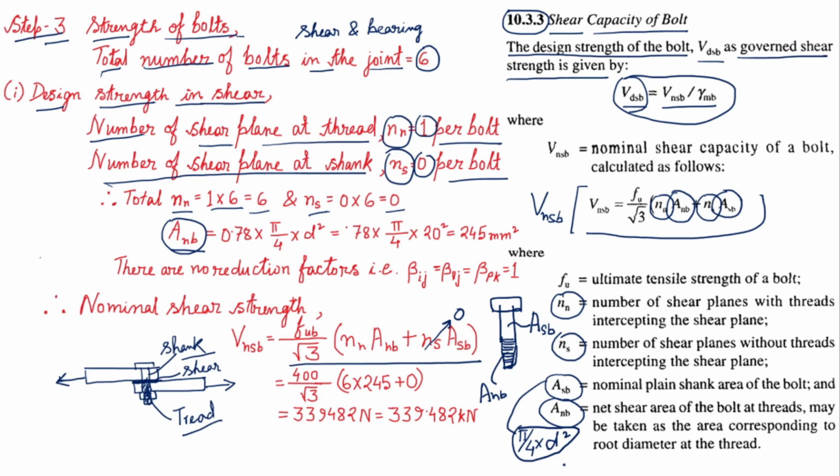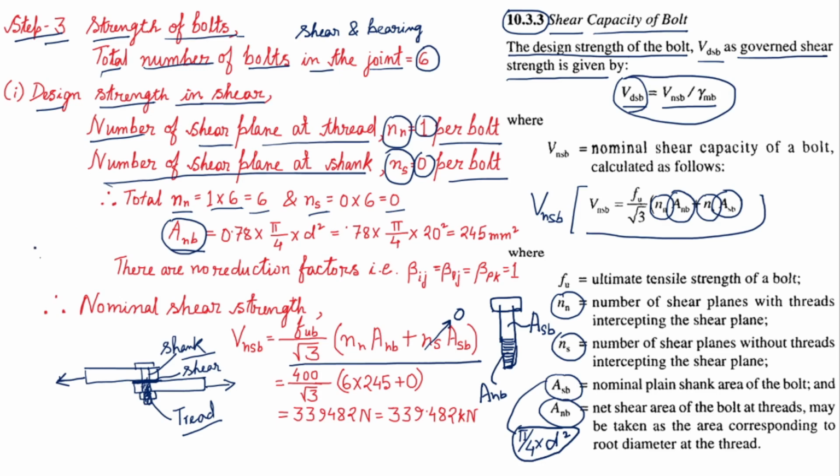Now what is ANB? If you notice one bolt, as the bottom area of the bolt is threaded, its area is somewhat less than the shank area, meaning the cross sectional area of the bolt at the level of the shank.